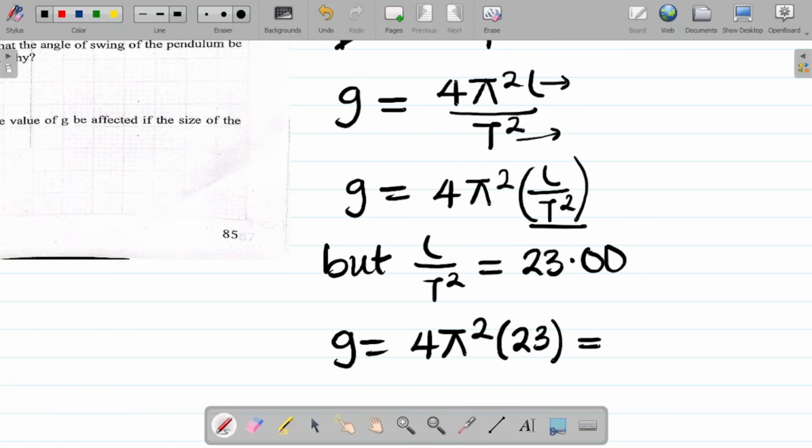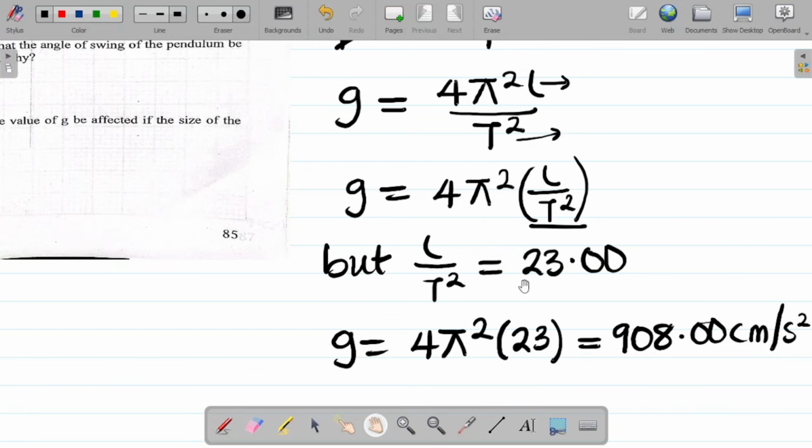So if I punch this, it becomes 4 times pi squared times 23. The value is about 908.00, and the units will be just L over T squared, which is cm per second squared. So that's the value of G as gotten from the experiment.